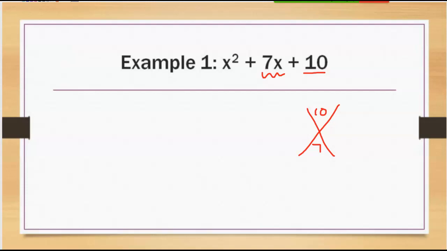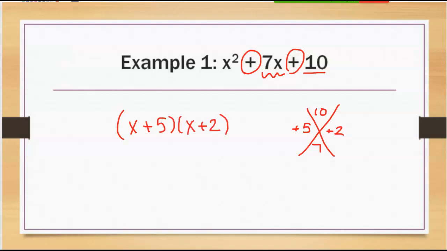Since both of these are positive, both of my factors are positive, and my factors are 5 and 2. So this is in factored form, x plus 5, x plus 2. So the values we get here, fill in our values here.